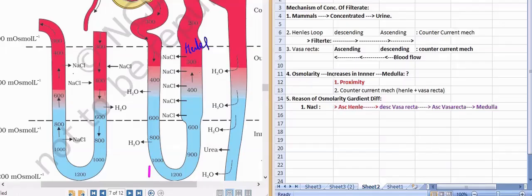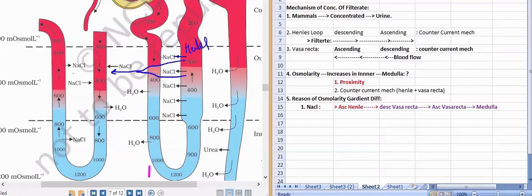From this ascending limb, NaCl is going, and this is very near, so this NaCl is going to the descending limb of the vasa recta. I'll explain. This NaCl is going toward the vasa recta, in high amount.